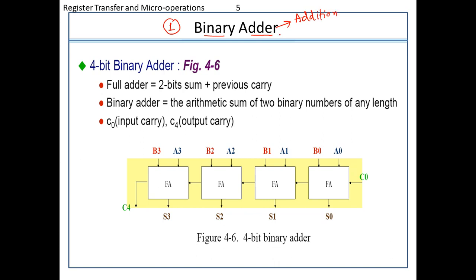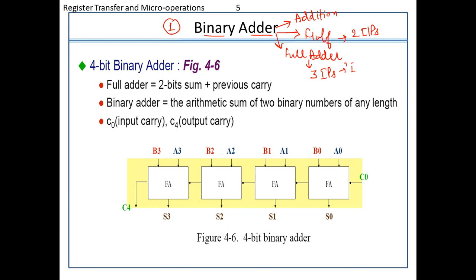For the adders, we have learned that there are two types: one is the half adder and the other one is the full adder. The half adder works on two inputs, and the full adder works on three inputs.